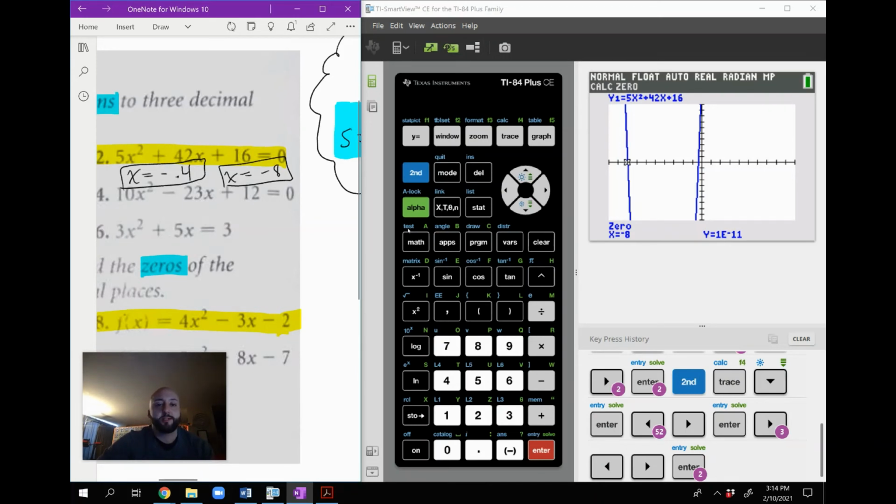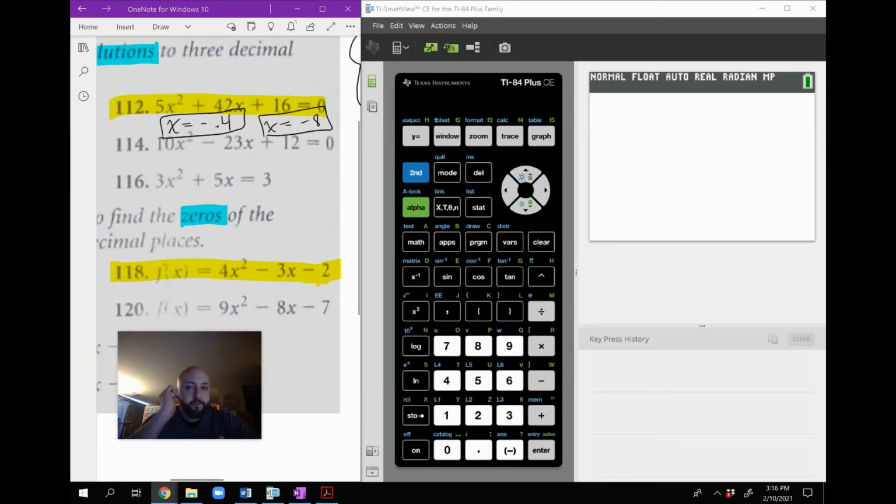Okay, so let's try the next problem now. If you got the idea, you don't need to see this problem, but just in case you're confused with the wording for number 118 and the format that it's in because it's written as a function, I do want to show this to you, and you're more than welcome to pause.